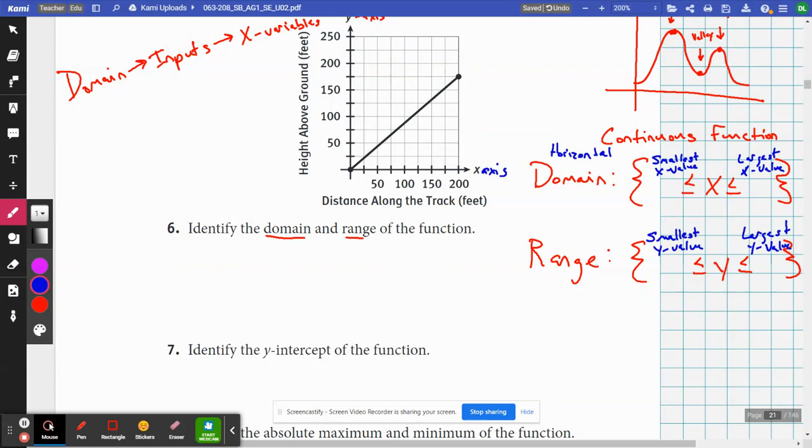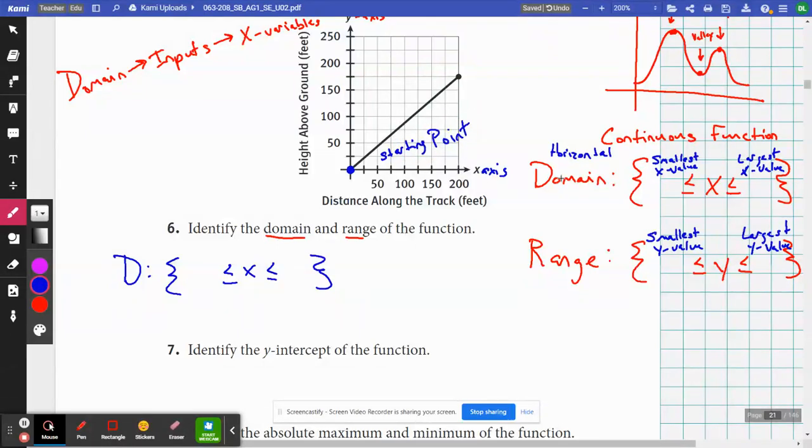Okay, so when we have to identify the domain and the range of a continuous function, this is the cheat that we use. So we're going to say the domain, start my brackets, less than or equal to x, close the bracket, and what is the smallest value? Well, this is a horizontal line, so this is my starting point.